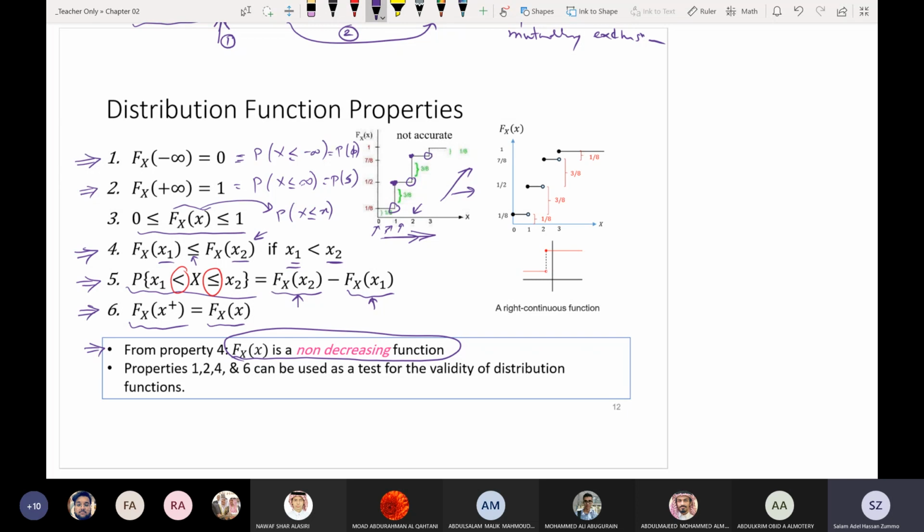Always open here, closed at the number, and so on, as you see in this sketch. Okay? So it's always connected from the right. Notice this plot. Right continuous function.